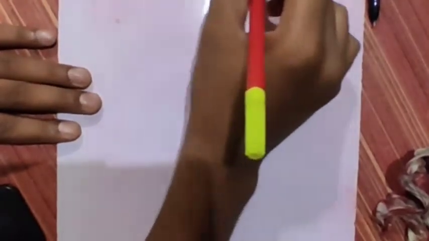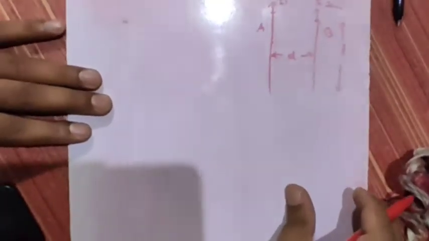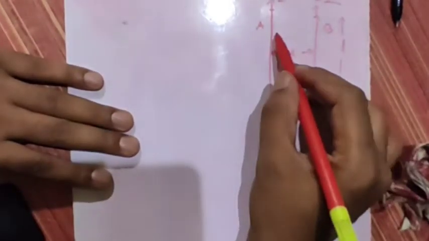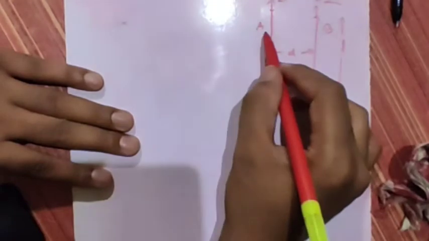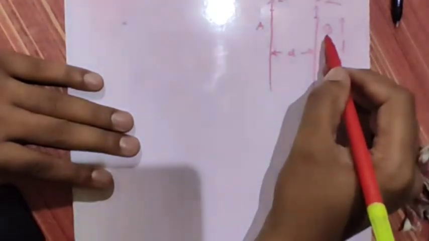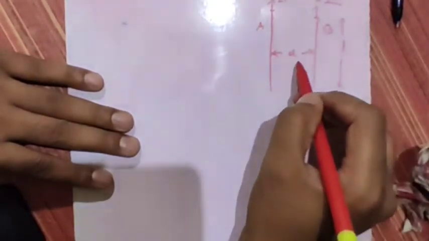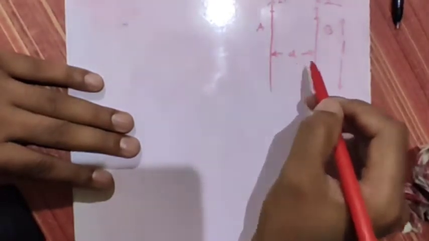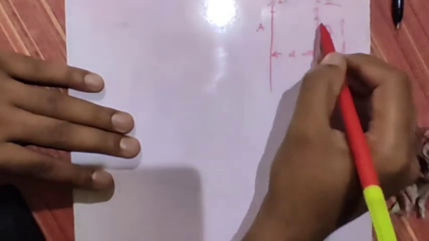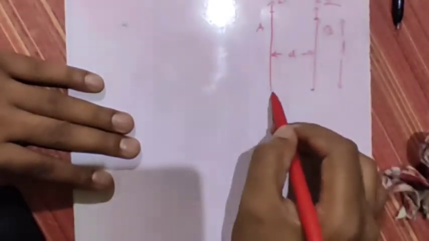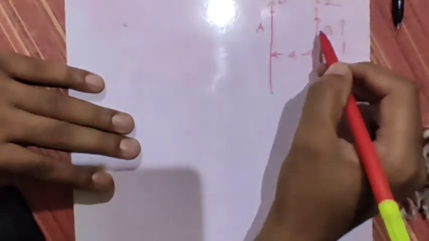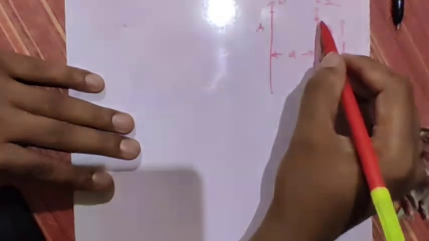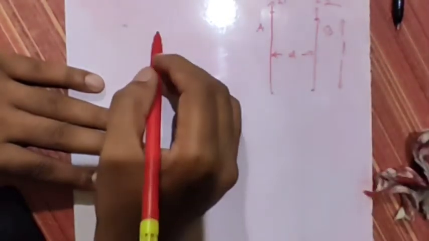Next, force between parallel conductors. These are two parallel conductors, conductor A and conductor B. The distance between them is d, d distance apart, and the length of the conductor is L. The current flowing in conductor A is I1, and the current in conductor B is I2.